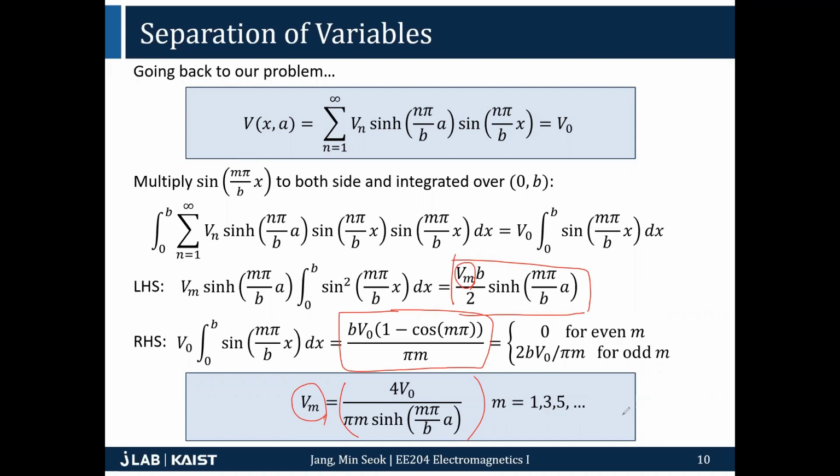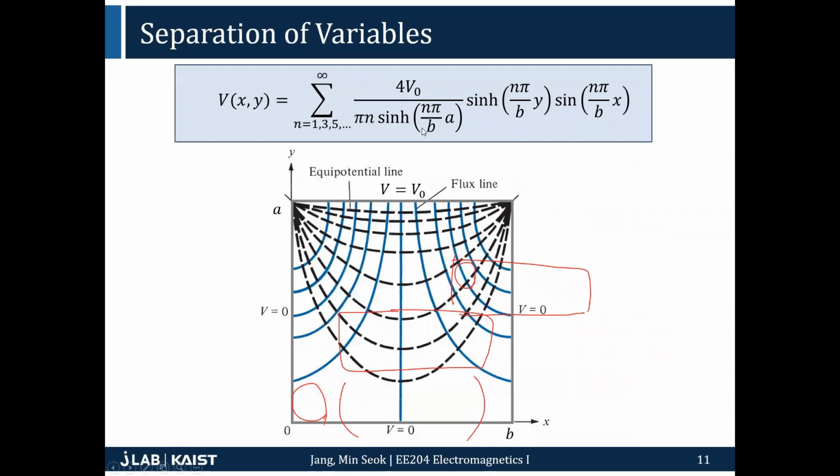Okay, so now Vm is determined. So the only thing left is just writing everything in one single equation. That's like this. So V(x,y) is equal to a linear combination of sine hyperbolic n pi over b y times sine n pi over b x.